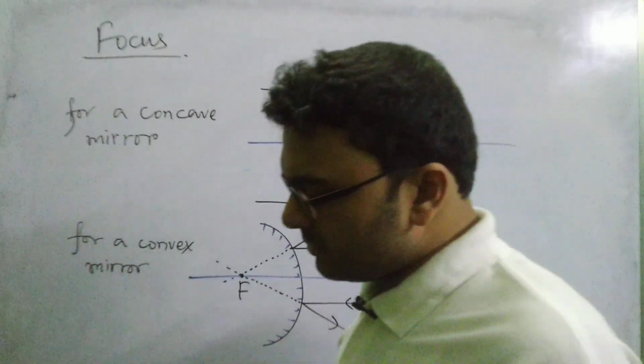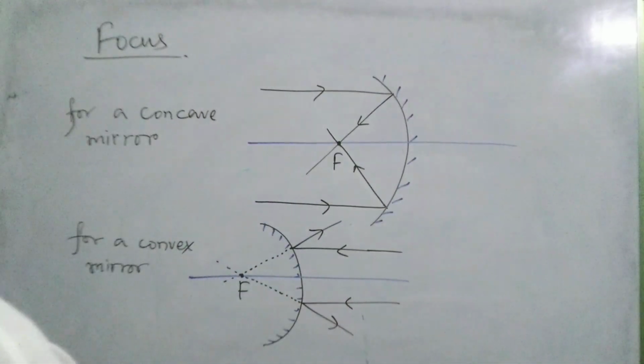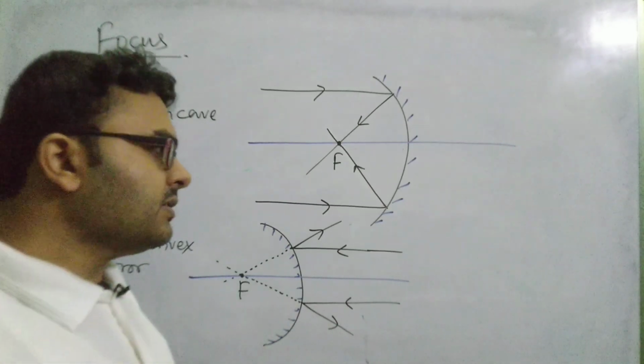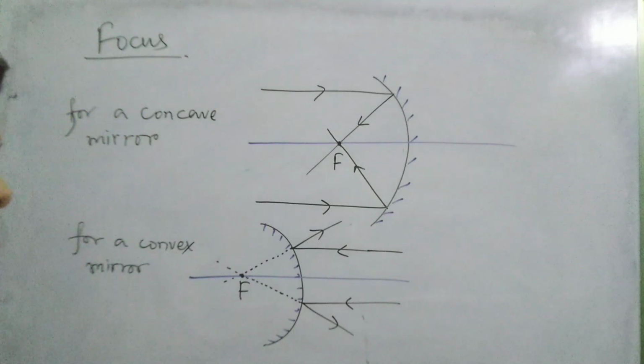Or you can also define it like this: for a convex mirror, focus is a point on the principal axis at which the reflected rays, after the incident light rays come parallel to the principal axis, seem to meet. So this is the definition for a focus of a convex mirror.